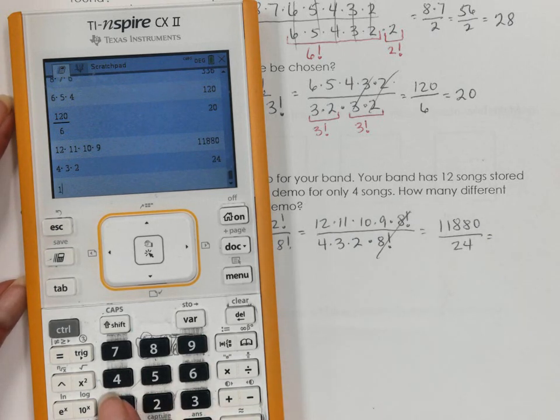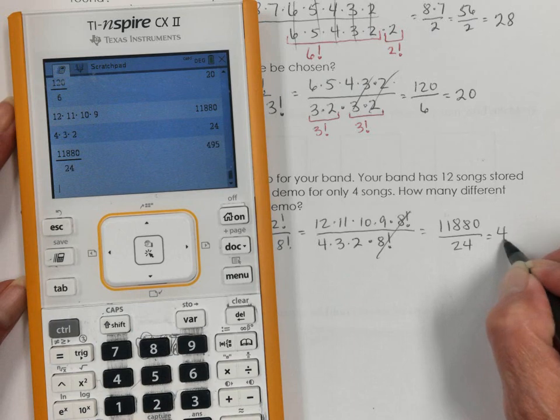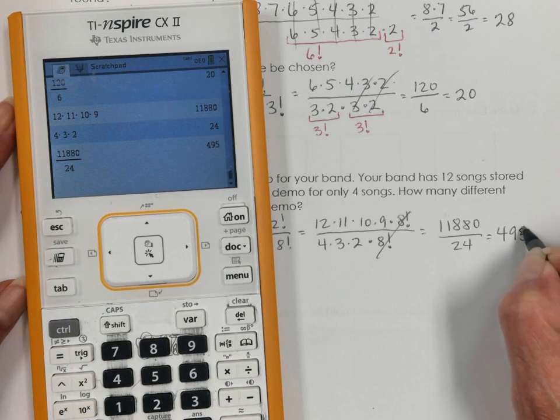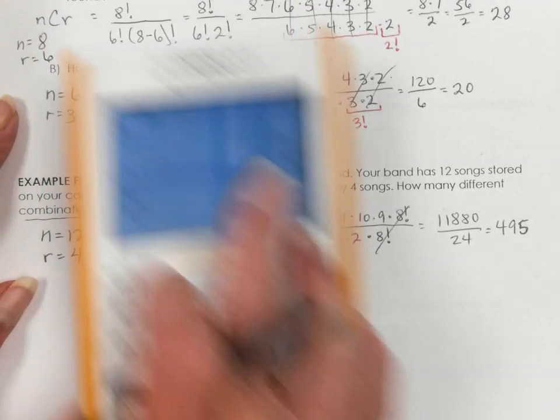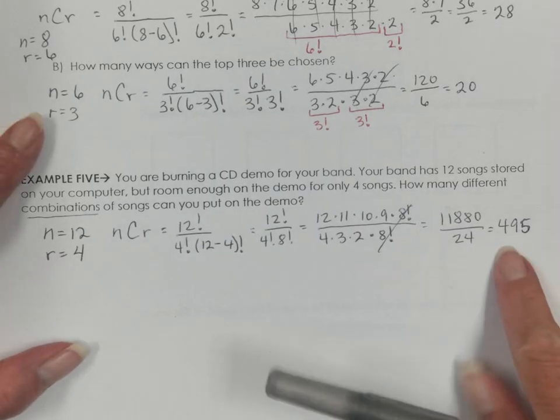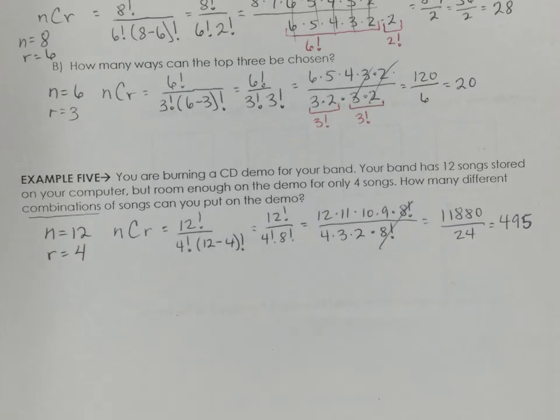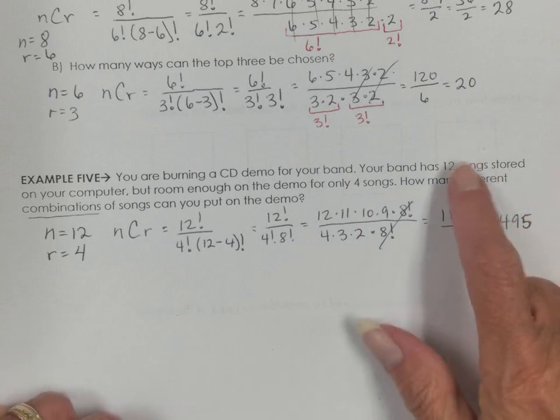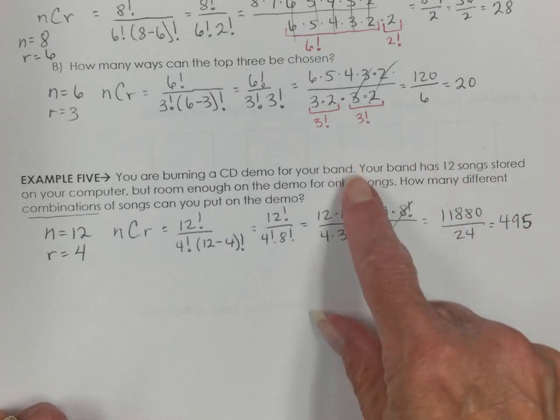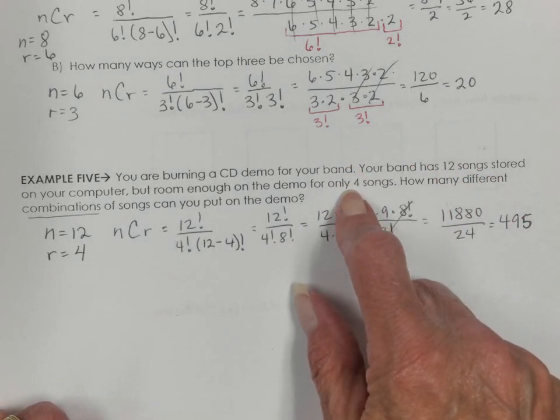So 11,880 divided by 24 gives me 495 as my final possible outcomes of taking my 12 songs and choosing only 4 of them.